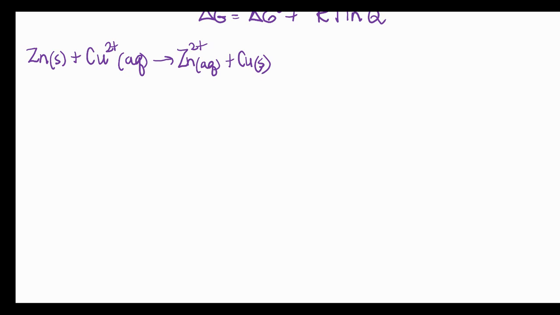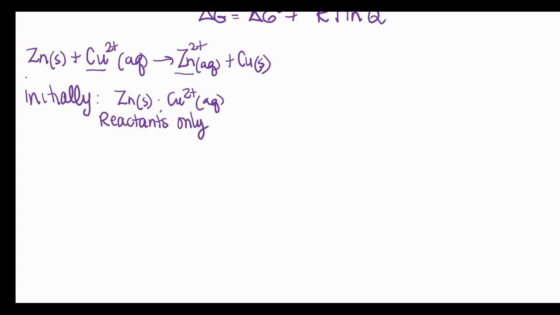What this would mean is that you wouldn't always start off with 1 molar of copper 2 and 1 molar of zinc. You may not be at that standard condition. And so the idea would be this, that initially in a reaction, you would have zinc with copper 2, reactants only.